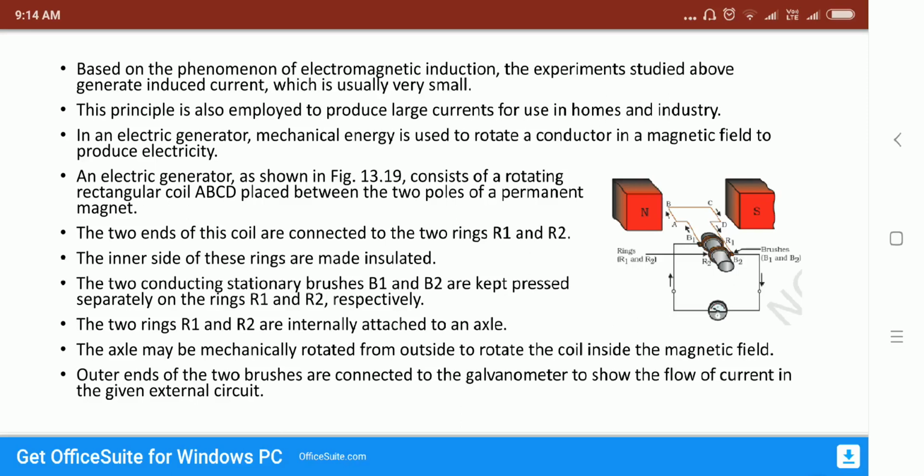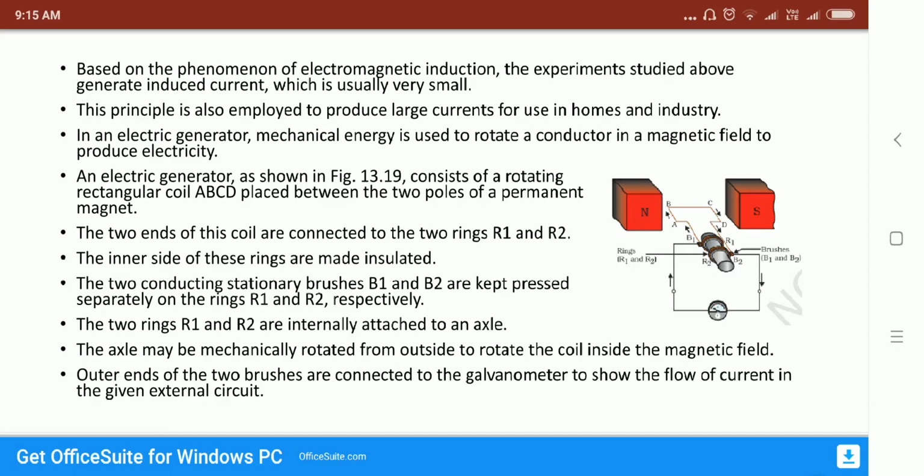These B1 and B2 are fixed, kept pressed against the rings, and they are connected separately. Brush B1 is connected with ring R1 and brush B2 is connected with ring R2. These rings R1 and R2 are internally connected with an axle.